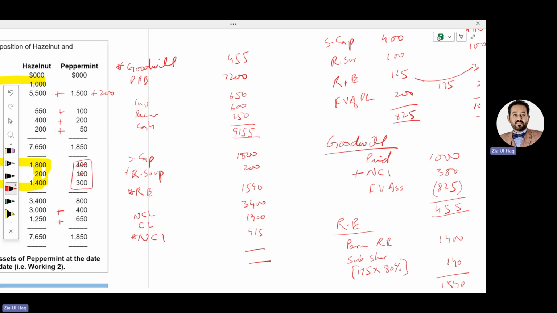There's a difference of 100. Where is that 100 difference coming from?